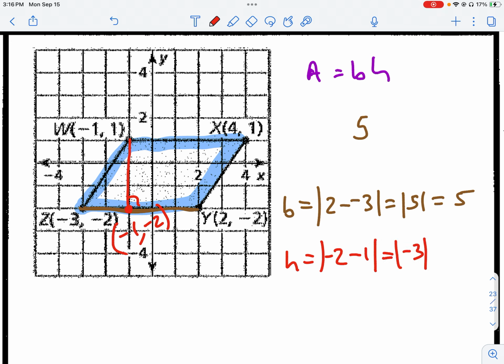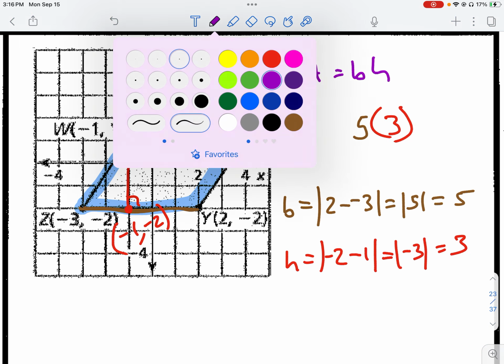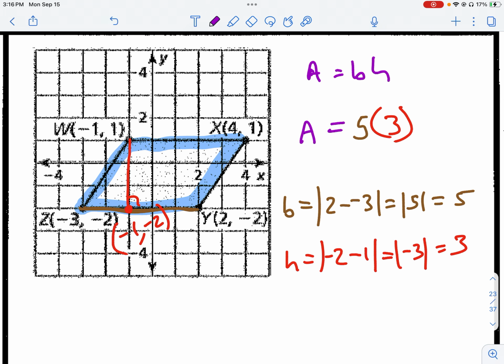So we get the absolute value of 3, which is 3. So area of our parallelogram is base times height. The base is 5, the height is 3, so our area is 15 square units.